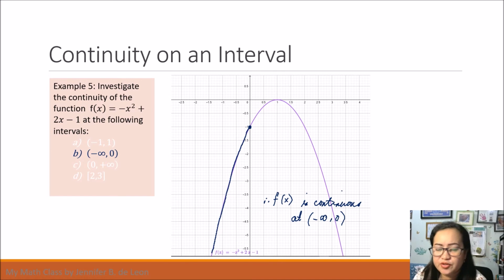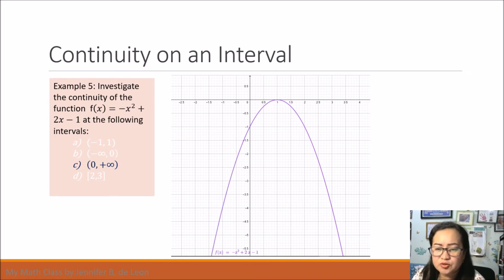What about the third interval, from 0 to +infinity? Again, we plot the point where x equals 0. Then from 0 to +infinity, we trace the graph.